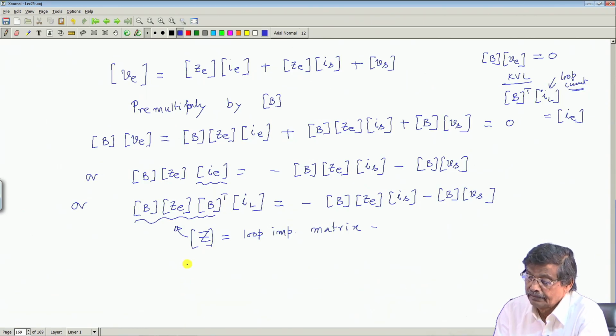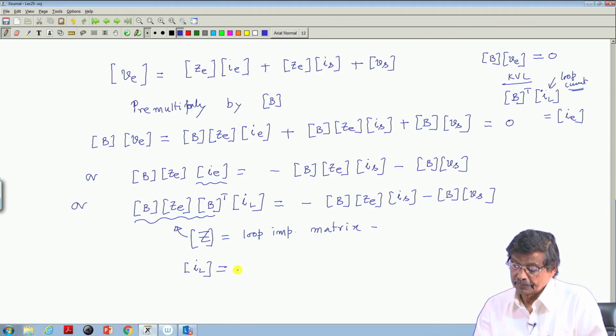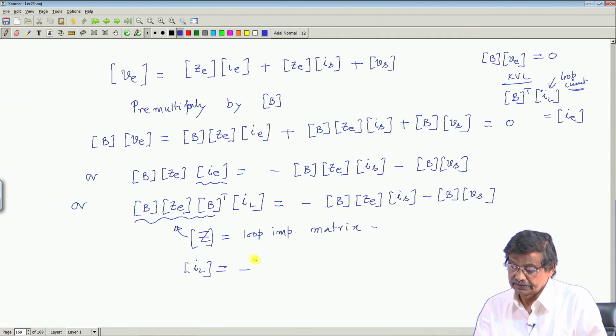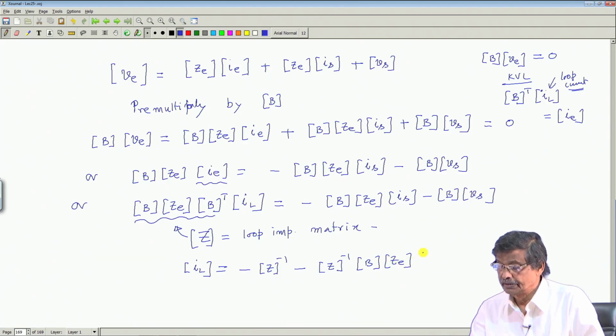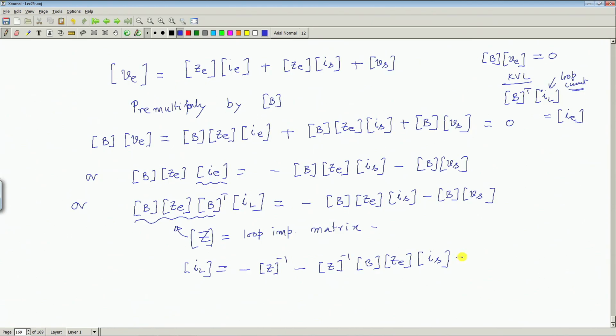So, the loop currents I L will be equal to minus, pre-multiplying both sides with Z inverse, minus Z inverse B J D into I S, minus Z inverse into B into V S. This will be the loop currents.